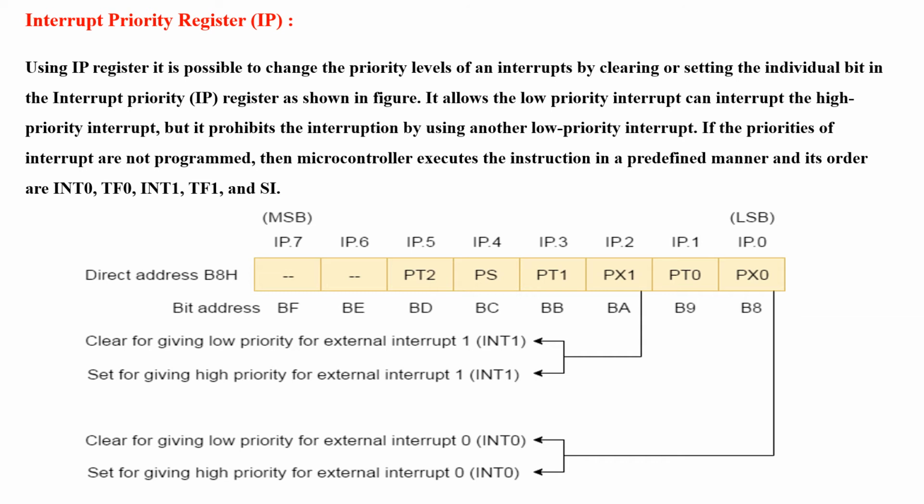Let's see the format of the interrupt priority register, called the IP register. Using the IP register, it is possible to change the priority levels of an interrupt by clearing or setting the individual bit in the interrupt priority register as shown in the figure. It allows a high priority interrupt to interrupt a low priority interrupt but prohibits interruption by another low priority interrupt.